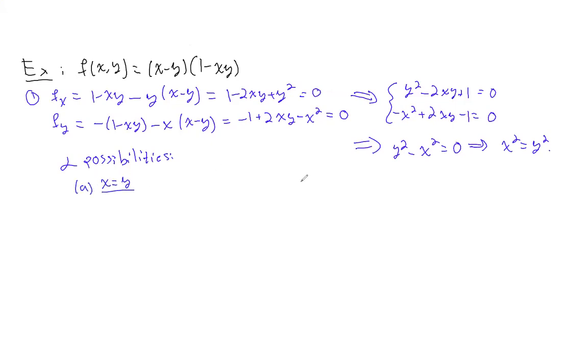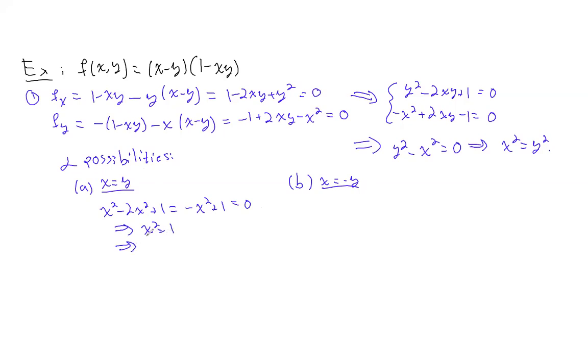There's either x equals y, or there's also, I'll do this over here, x equals negative y. Let's start off with the x equals y case. If x equals y, then the first equation becomes x squared minus 2x squared plus 1, well, that's negative x squared plus 1 equals 0, which means that x squared equals 1.